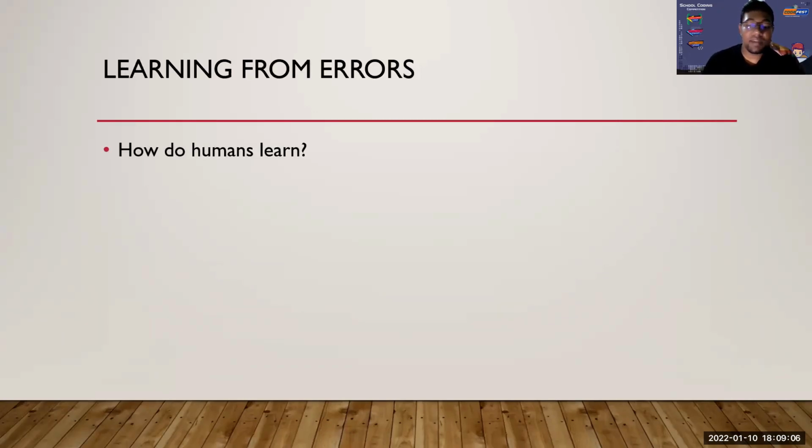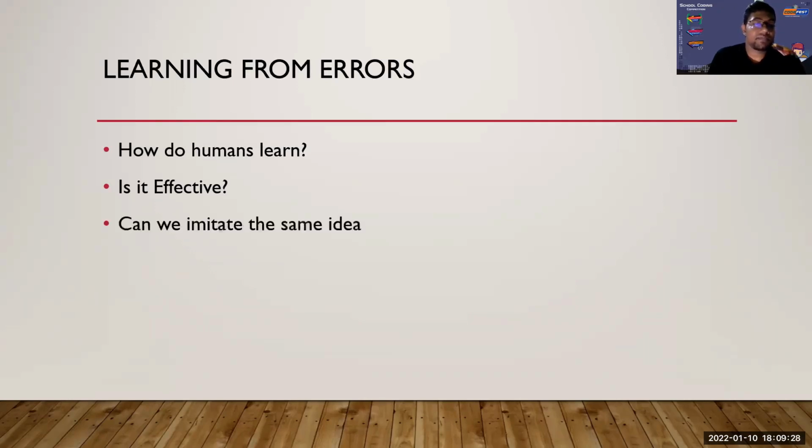So that's basically how we humans learn. That's basically one way of learning. So is this method really effective? I hope it is effective, because otherwise, if it wasn't effective, we would all not be able to learn much throughout our lives.